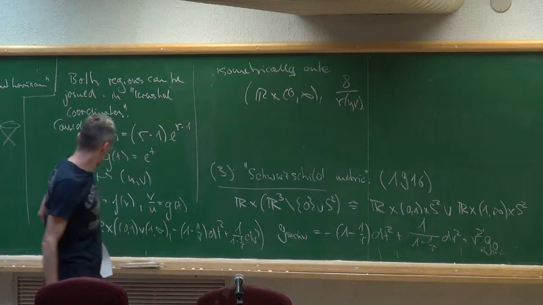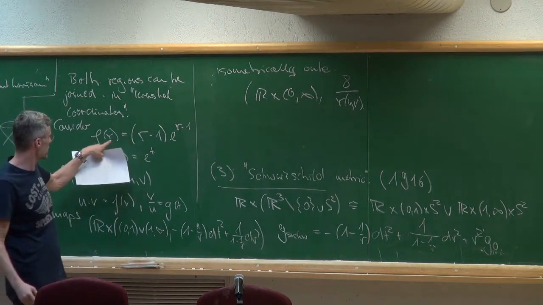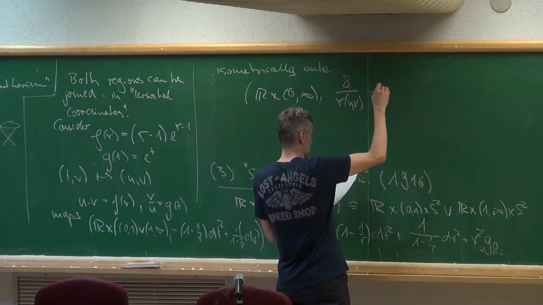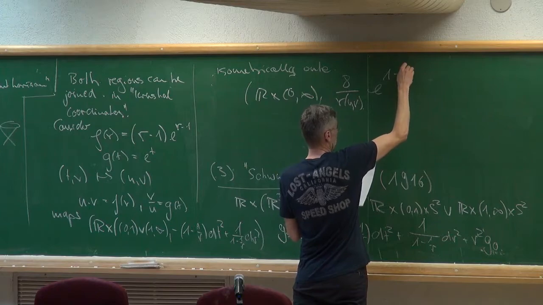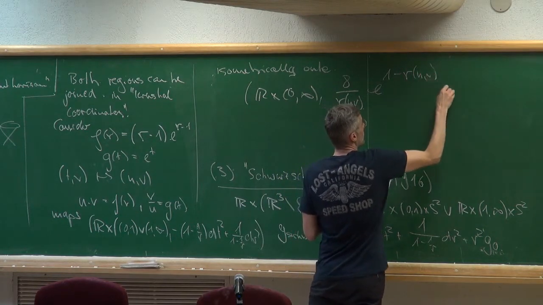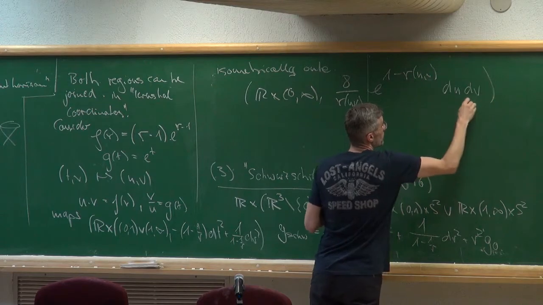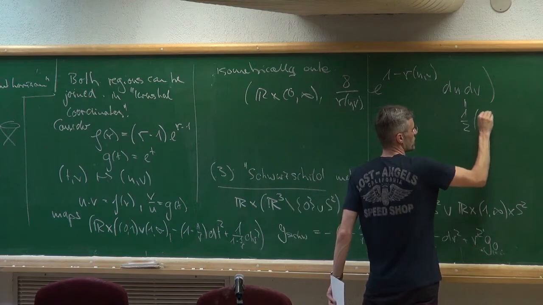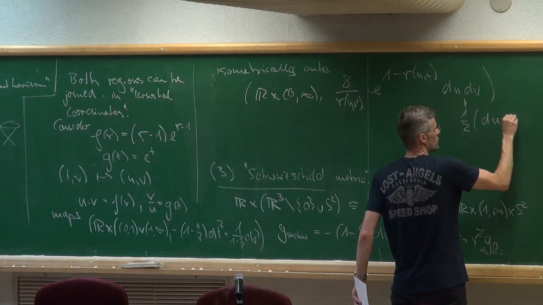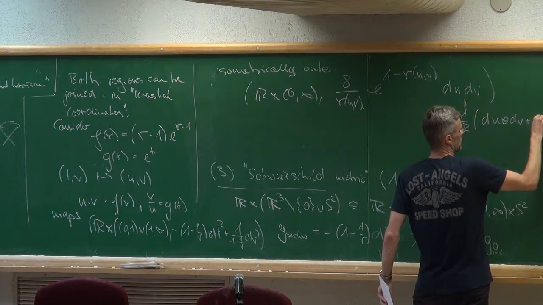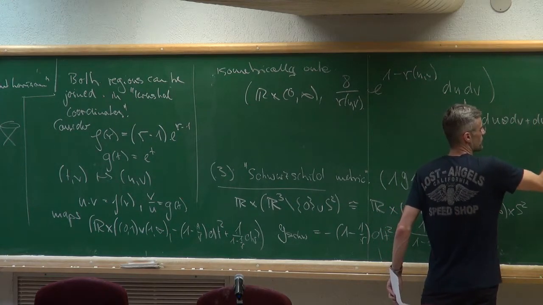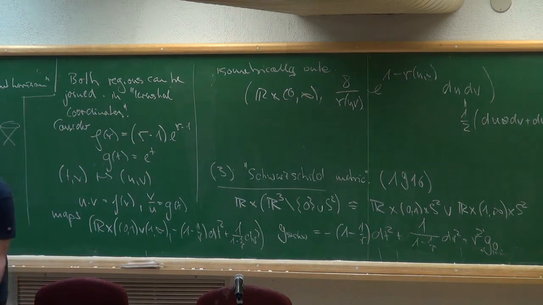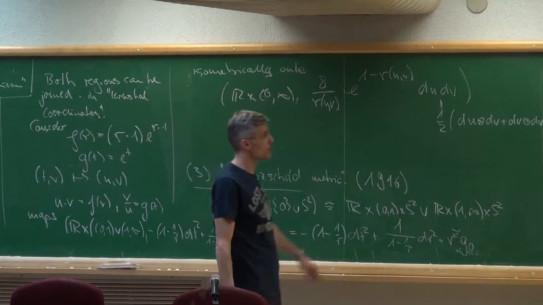Now you consider this function r, this radius r as a function of uv, times e to the 1 over r of uv times du dv, where this is just a short Lorentzian geometer shorthand for the symmetric tensor product of du and dv. This is just another way to write down the Lorentzian inner product in 2 dimensions.